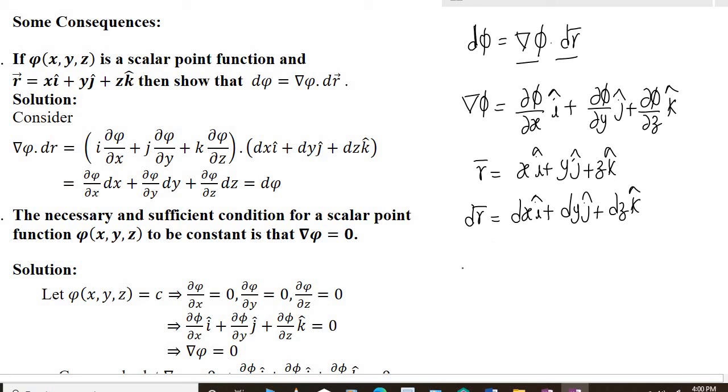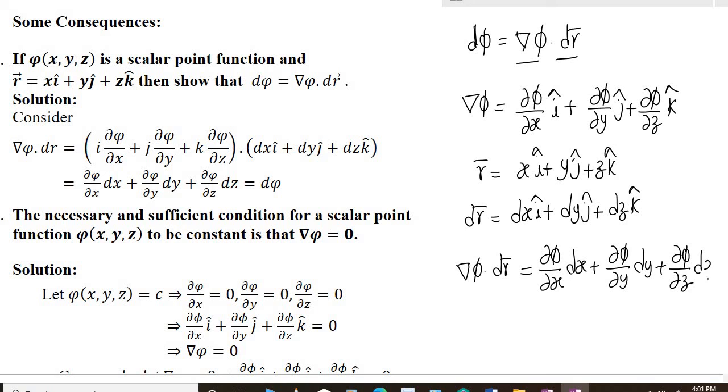Now we are going to do the dot product: ∂phi/∂x into dx, ∂phi/∂y dy, ∂phi/∂z dz. But this is nothing but d phi. This is in your first semester. That's why this value equal to this one. Therefore, grad phi dot dr bar equal to d phi.